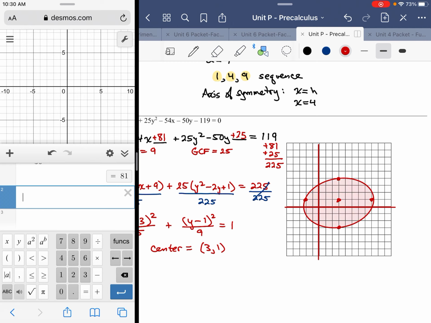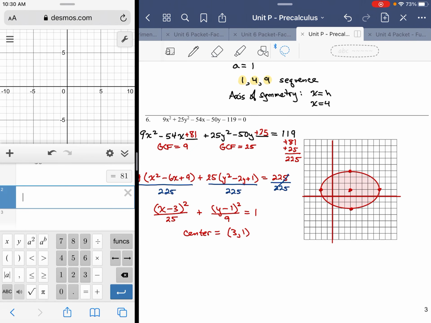Oh yeah, that's going to be hideous. I clearly didn't go up and down 3, so let me fix that real quick. I went down 3 from the x-axis, I didn't go down 3 from the center. All right, so that's pretty close, a little bit better.